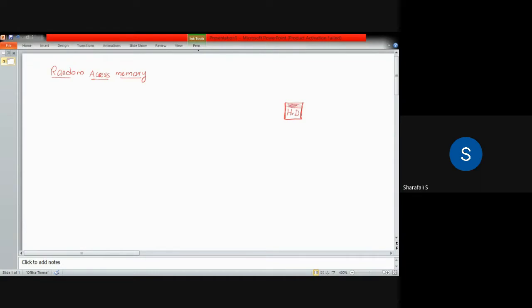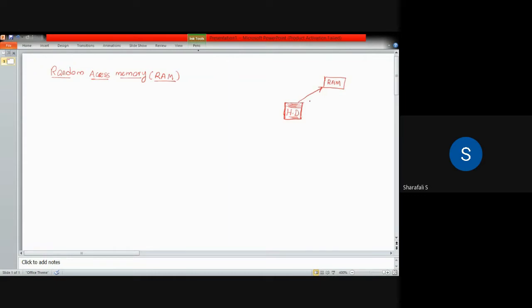I don't know how many of you are familiar with this hard drive. So this one will be connected with this RAM, random access memory. This is your RAM. This is also what we can call RAM. So this is connected with this random access memory like this.